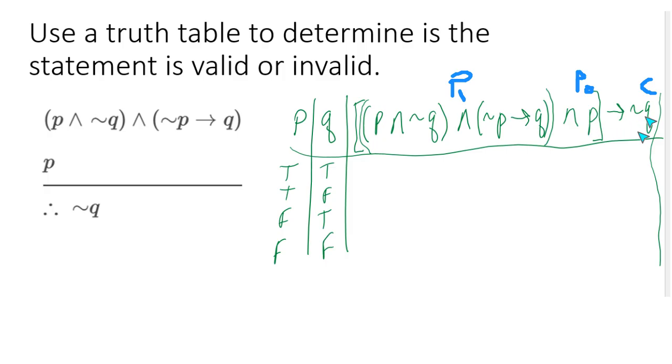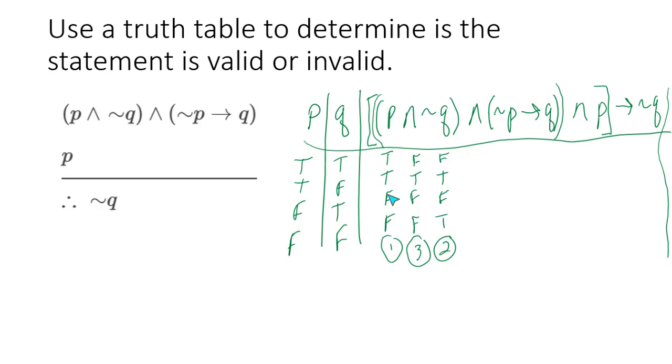And P is true, true, false, false. Negation Q is false, true, false, true. So that's okay. And then true and false is false. True and true is true. False and false is false. False and true is false. So that is all okay.